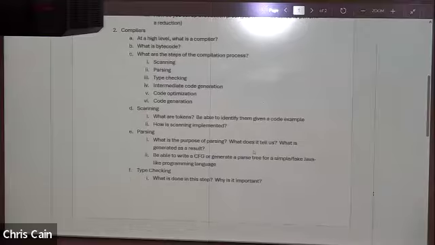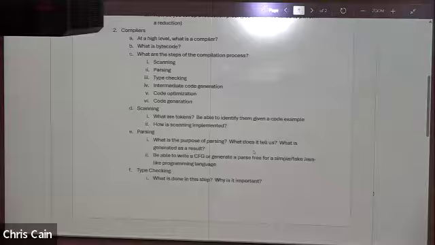Be able to talk about the steps of the compilation process, how each of them are accomplished. So not just defining what the step is, but be able to talk about how it is done. So how is scanning or tokenizing done? How is parsing done? What are the options for how to parse? We've seen multiple algorithms for parsing at this point. You should be familiar enough to describe any of them, how they work, why they work, what their associated asymptotic notation complexity is.